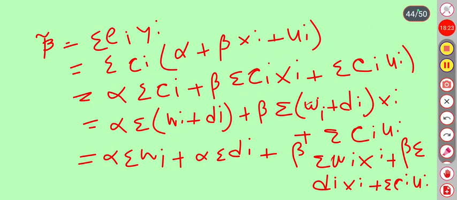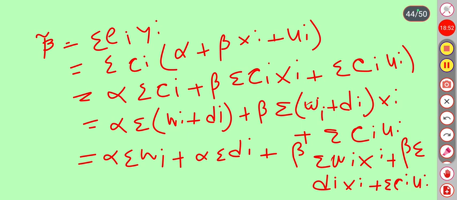We know that beta tilde equals summation ci yi. Here, not putting the value of ci, but in the first stage putting the value of yi equal to alpha plus beta xi plus ui, and multiplying with summation ci, we get alpha into summation ci, beta into summation ci xi, plus summation ci ui.